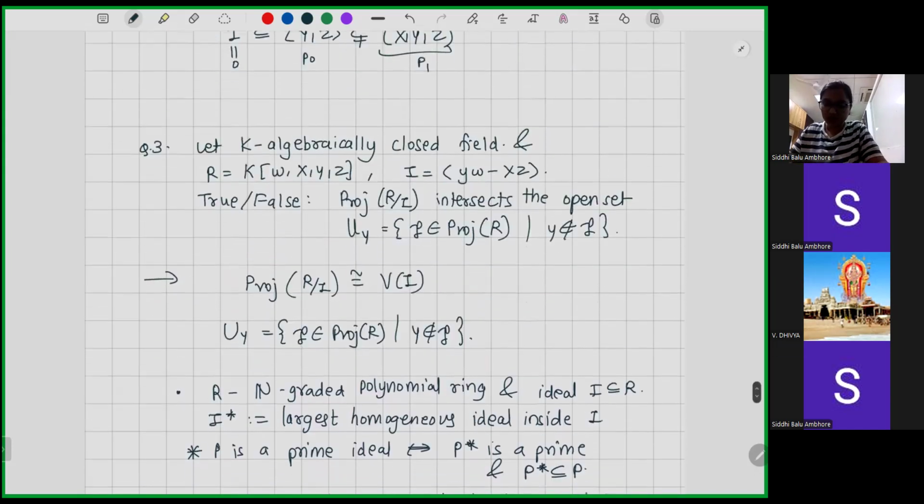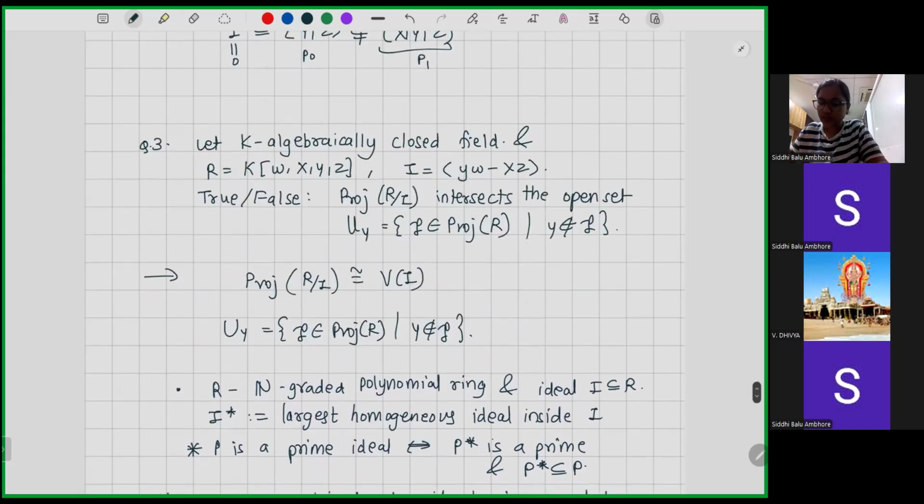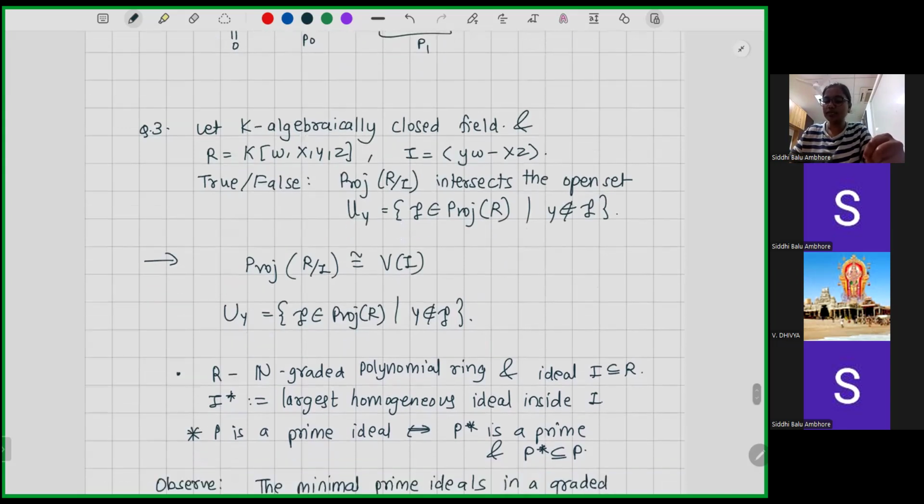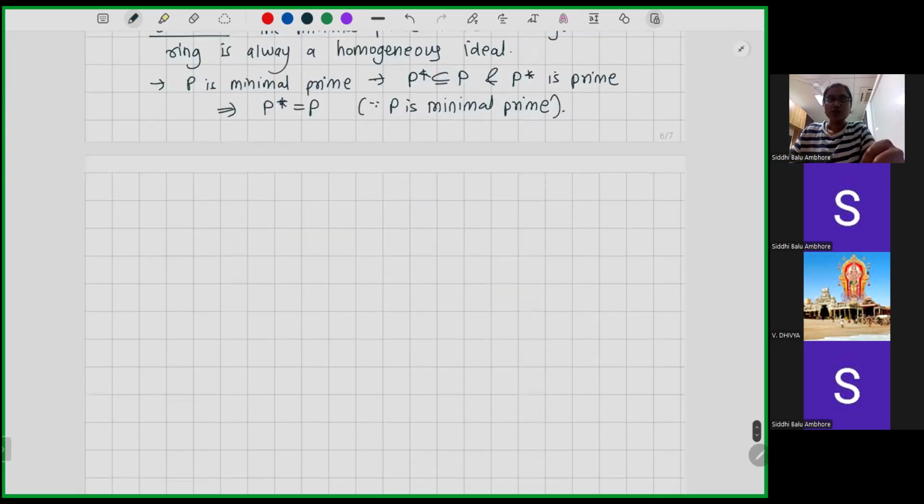So we have to check whether this intersection. So they have asked that Proj of this R mod I intersects the open set UY. So suppose the intersection is empty. This UY intersection VI is empty.